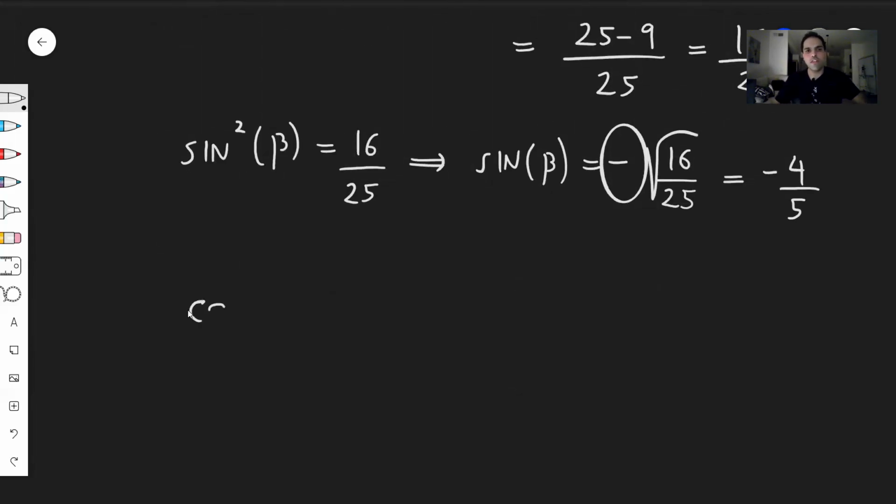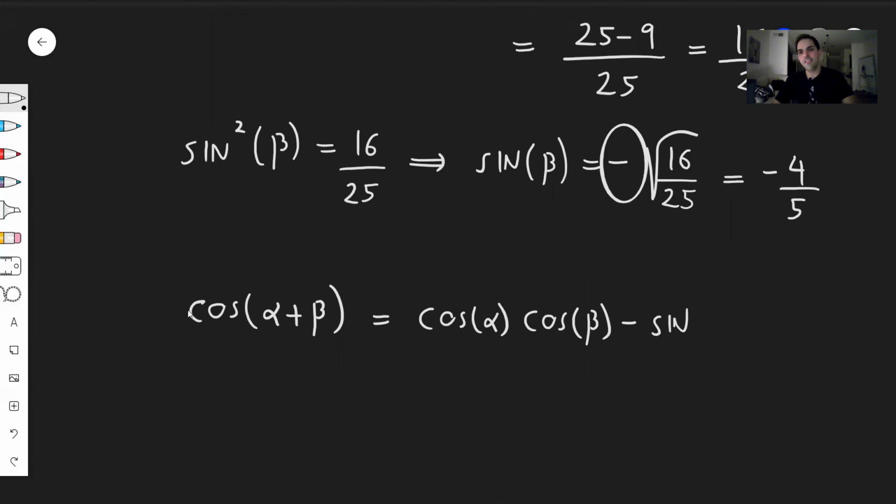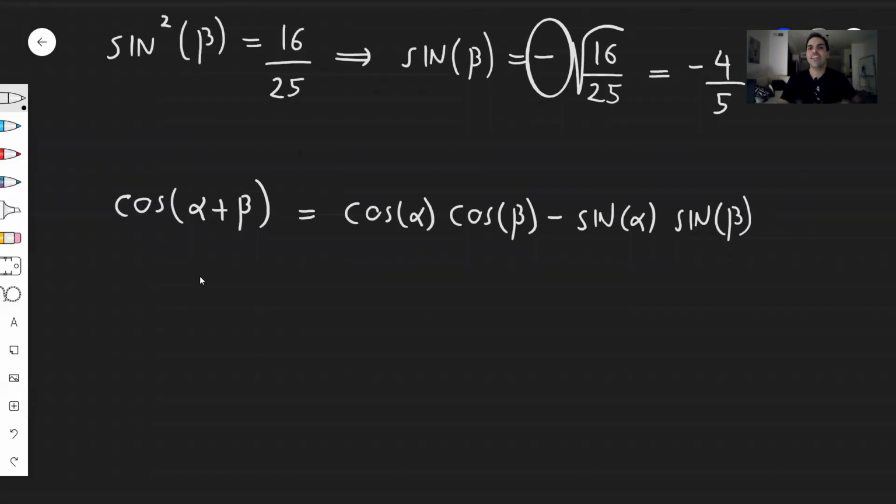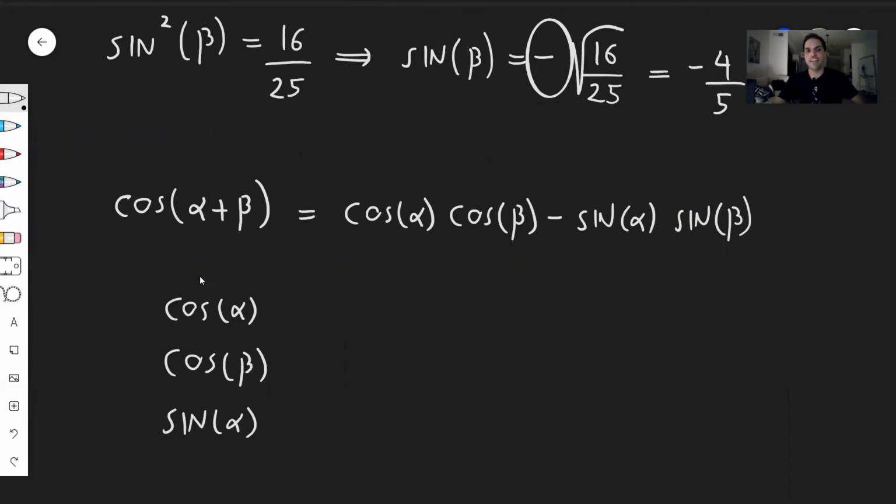So remember, what did we have? Cosine of alpha plus beta, that is cosine of alpha, cosine of beta, minus sine of alpha, sine of beta. And really, to prevent any algebra mistakes, I would write down explicitly cosine of alpha, cosine of beta, sine of alpha, and sine of beta.